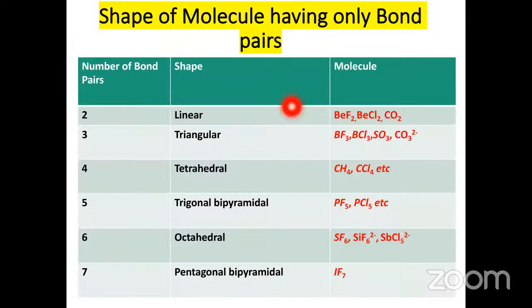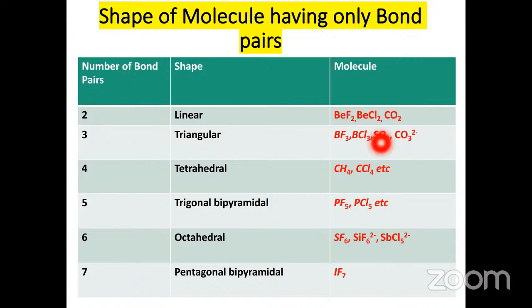Next also, shape of molecules having only bond pairs. If the number of bond pairs is 2, then the shape is linear. These are examples belonging to linear structure. And if the number of bond pairs is 3, then that shape is triangular.